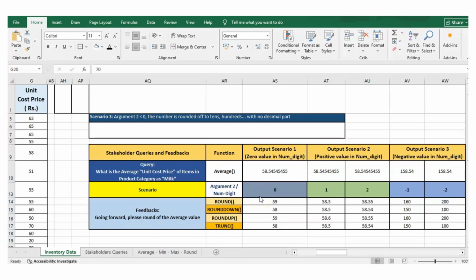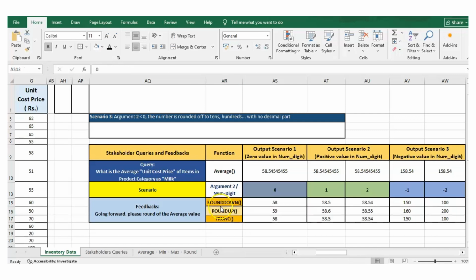Now, let us understand round down and round up functions. Round down, as per definition, rounds down the value and always brings the number closer to 0. Whereas round up rounds up the value and always moves the number away from 0. Starting with the first scenario where argument 2 or num_digit is assigned 0 as a value.